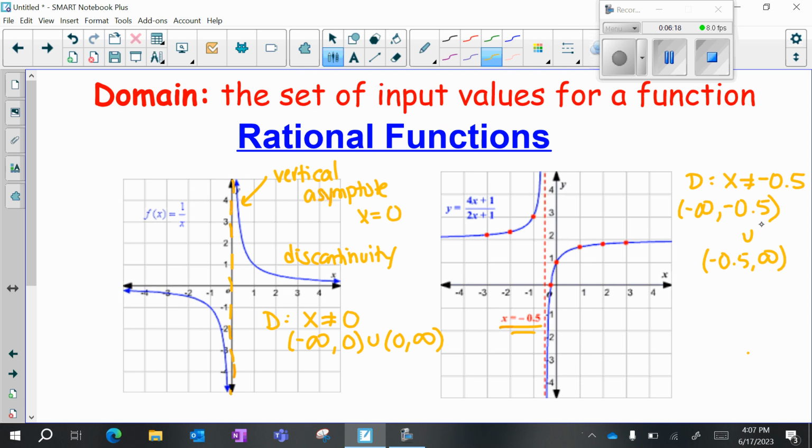Notice how in both situations we get a parentheses because I cannot equal that. It has to have a parentheses, not a bracket. Bracket means it's included, but an asymptote is not included.